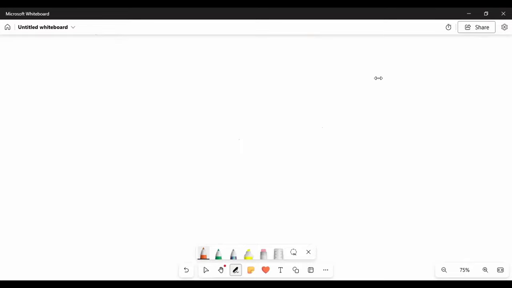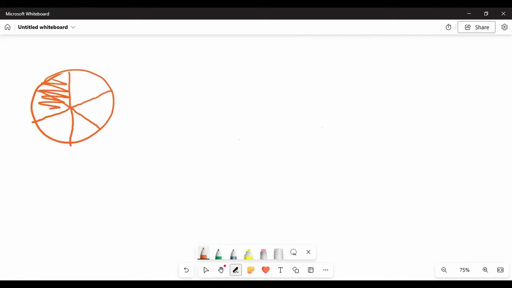And Altaf. Now, Altaf has a pizza. In his pizza, he's gonna have 6 pieces. And he's gonna give me 2 pieces now. This is Altaf's pizza, and these 2 portions are for me.